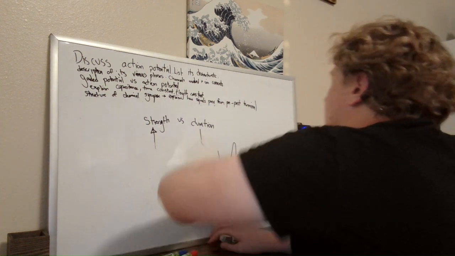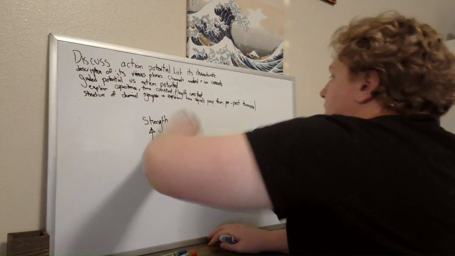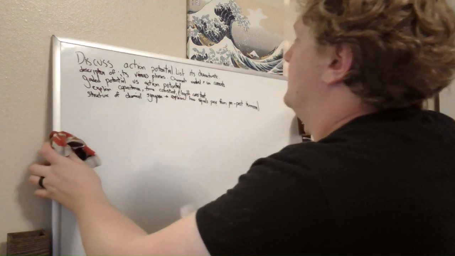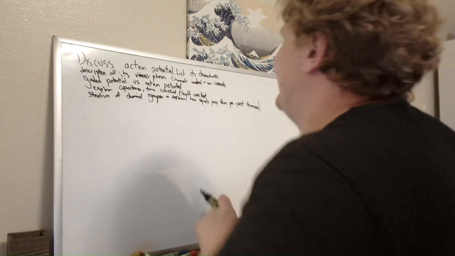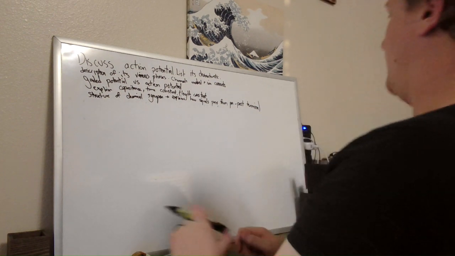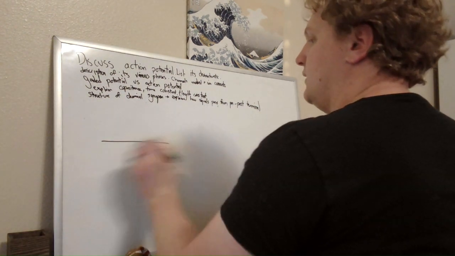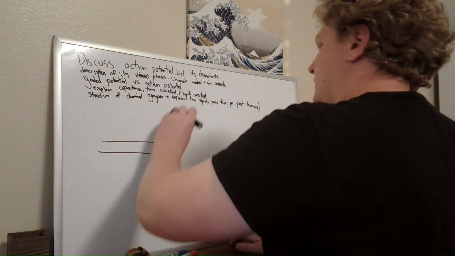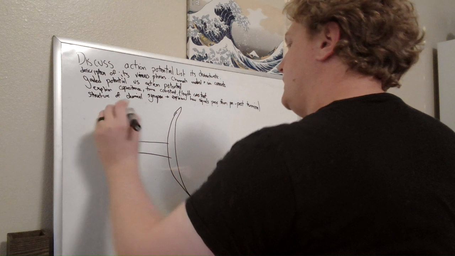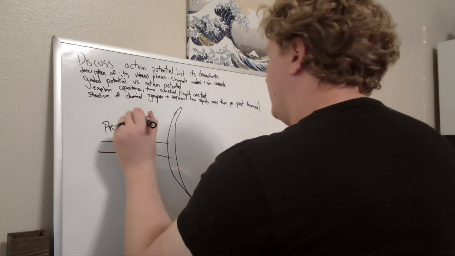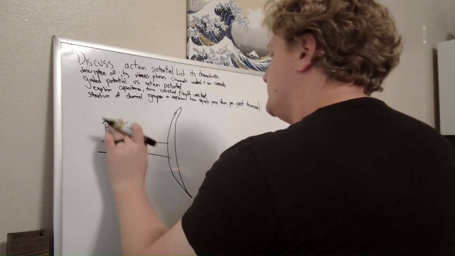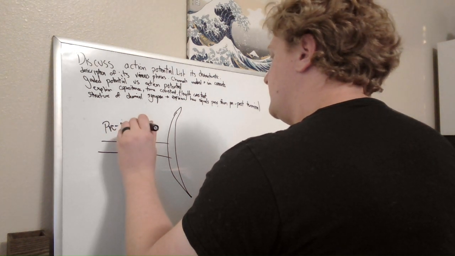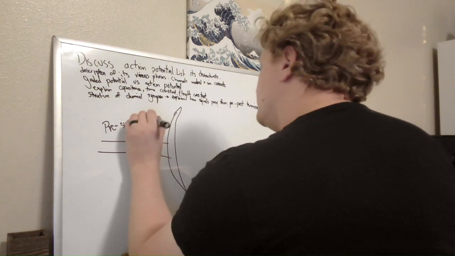So in the next part, we're going to be talking about the structure of the chemical synapse and explain how signals pass from pre to post terminal. So I'm going to zoom in on it. So here's my dendrite. This right here is my presynaptic dendrite.